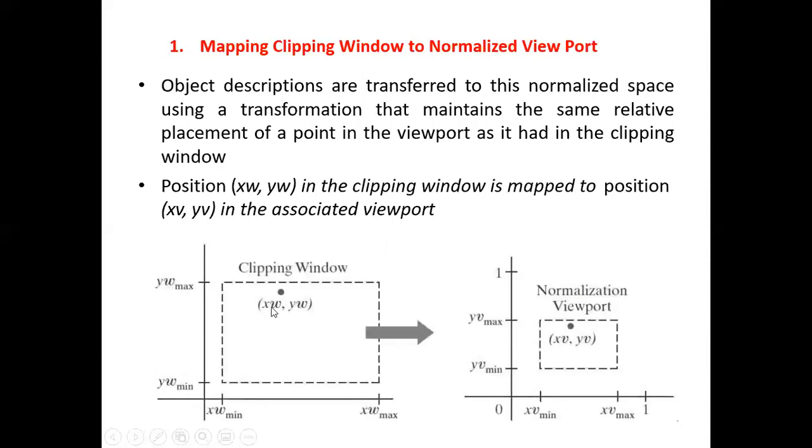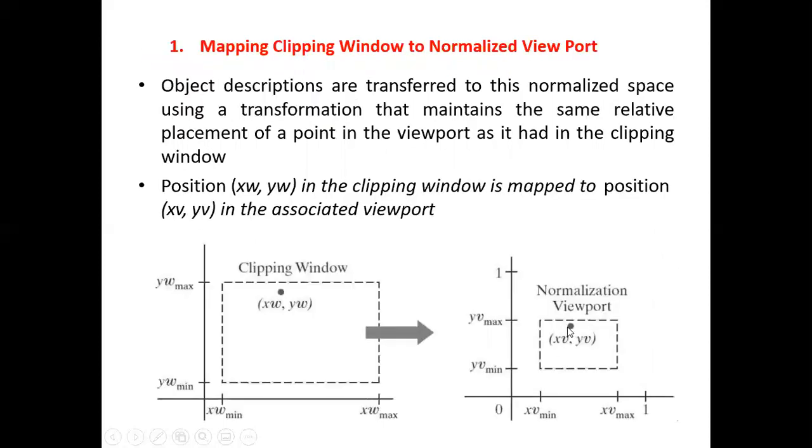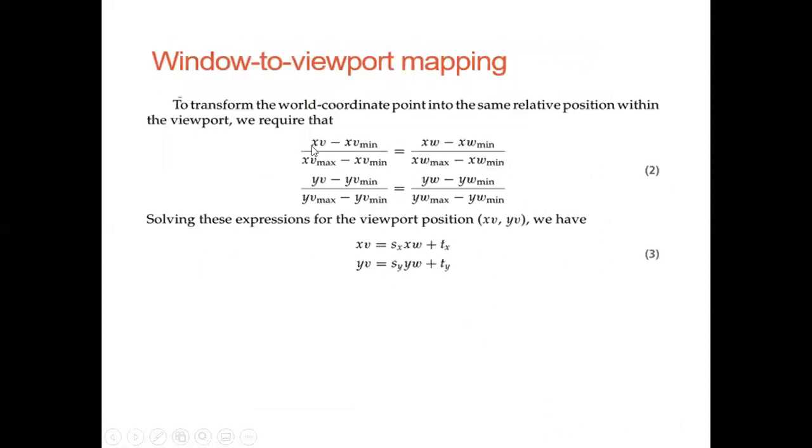The corresponding window coordinates we also have to take: xw minus xw min will be the numerator, and in the denominator we have xw max minus xw min. So whatever I write for the viewport, the same thing I have to write for the window. For the viewport, I consider xv minus xv min over xv max minus xv min, and the same thing I convert into xw minus xw min over xw max minus xw min.